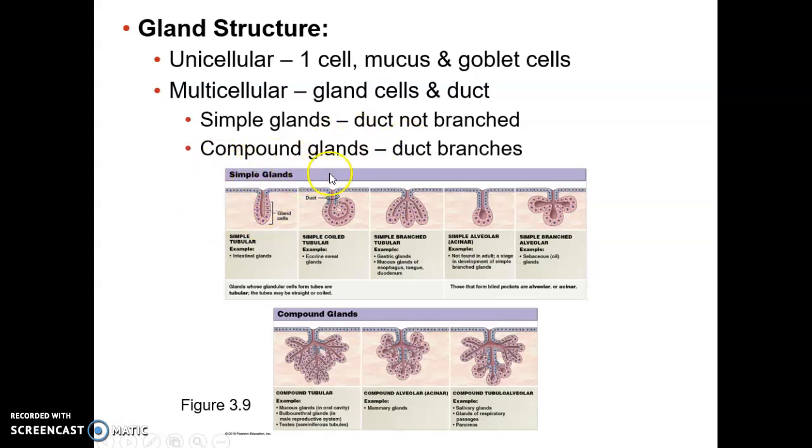Or it's a compound gland, meaning multiple cells, and the duct is branched, and that's it. You do not need to know compound tubular or compound alveolar, also called acinar. Just again, only what you see in the text portion here. You do not need to know these subcategories. Clear?